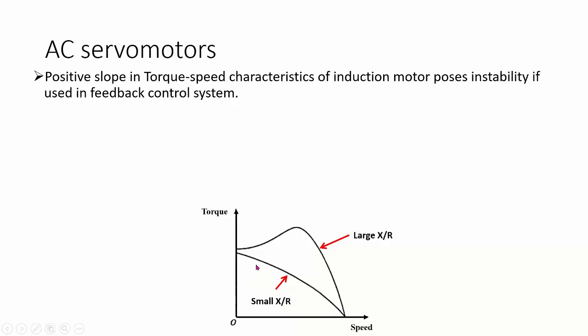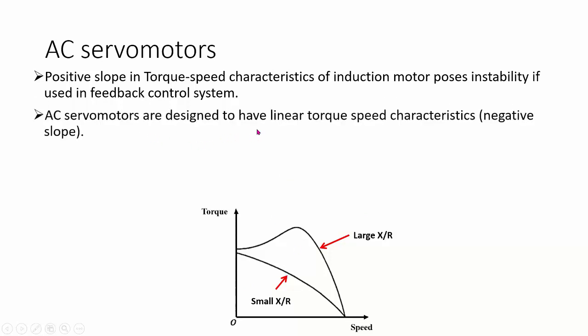So this particular profile is for the AC servo motor, while this is for the two-phase induction motor. If you look at this graph, you see that there is no positive slope and the slope is now negative, which means that throughout the torque speed characteristic it can easily be used in negative feedback fashion. So this allows AC servo motors to be employed in control systems while two-phase induction motors are avoided in control systems.